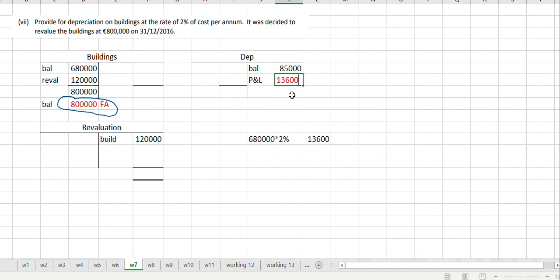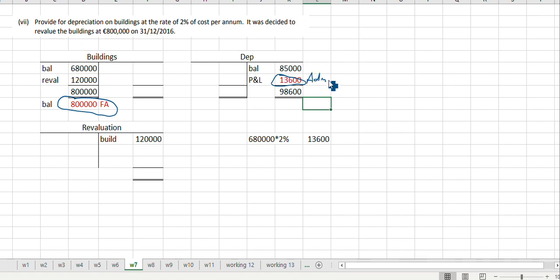That would total 98,600 as your balance there. That 13,600 is an admin expense.